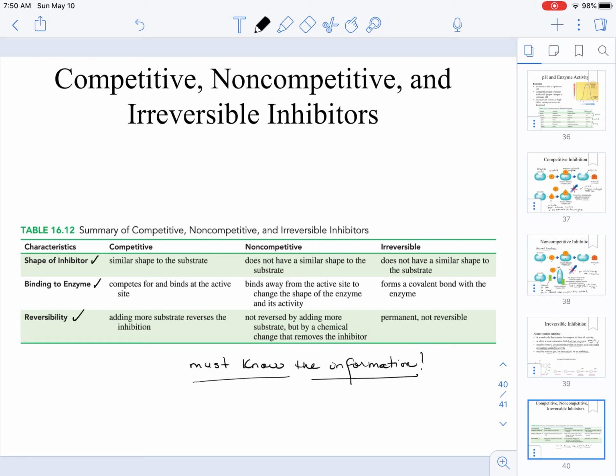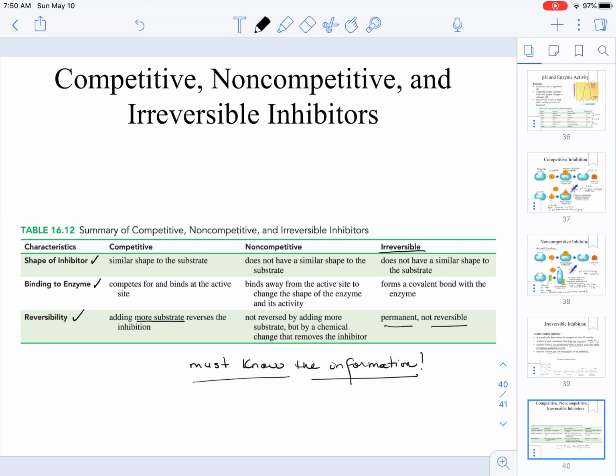The only thing that I haven't mentioned till now is the reversibility for each one of the inhibitors. Of course, when it comes to the last one, the irreversible inhibitor, that one is permanent and is not reversible. But it is interesting to know that competitive inhibitors can actually be reversed simply by adding more substrate.